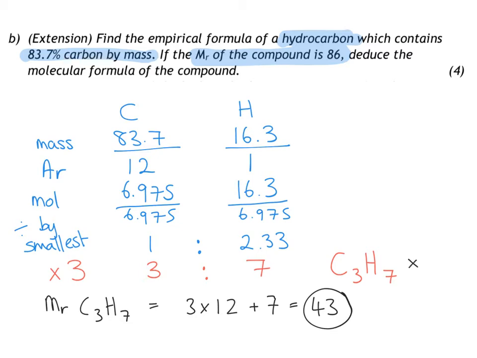So I need to times that formula by 2, and the whole formula, the molecular formula, is therefore going to be C6H14. That's good because that fits the general formula of an alkane, so that's a sensible answer. You will get some that you haven't seen before with slightly less hydrogen, but generally it should be something that you're familiar with.